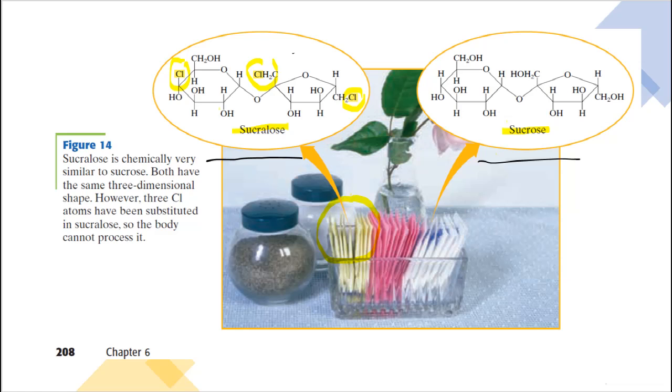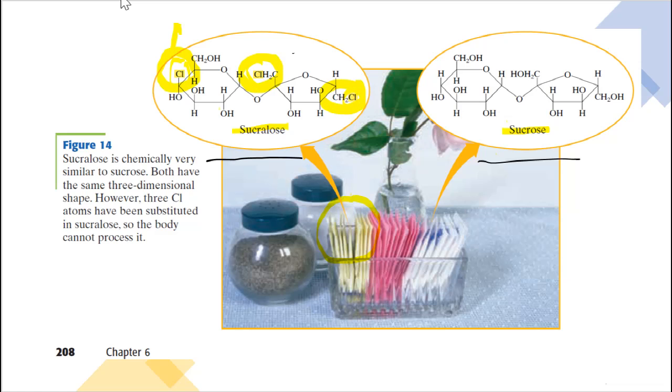And if you look at the two structures, they're very similar. But notice the sucralose has a slight change. Instead of hydrogens in certain places, it has chlorine. There's another one there and another one there.